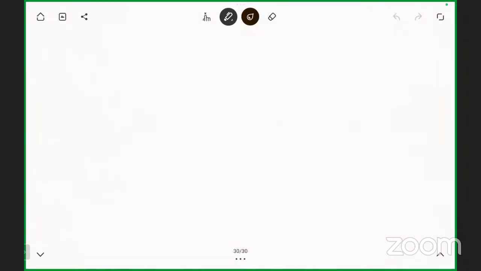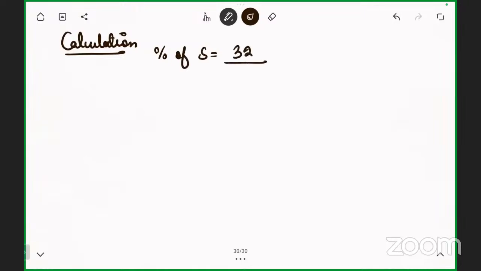In the calculation, the formula I'm going to use is: percentage of sulfur equals 32, the mass of sulfur, upon 233, the mass of BaSO4, into the mass of BaSO4 formed, whatever mass you have weighed, divided by the mass of organic compound.